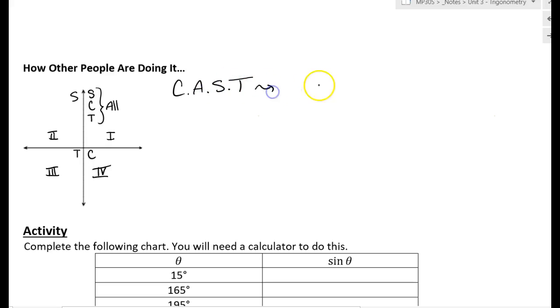You start in quadrant 4, and you just go counterclockwise around. And that's the abbreviation, so CAST.